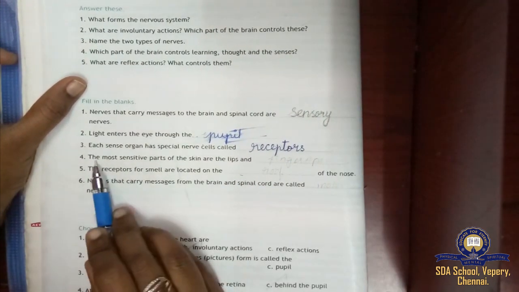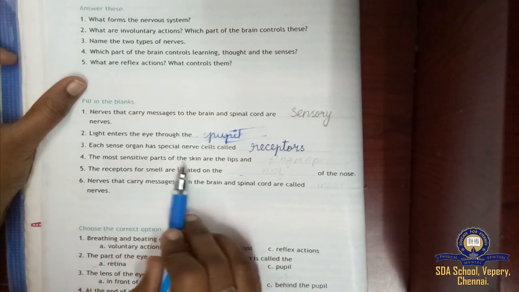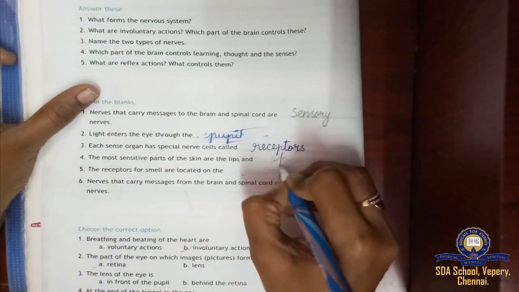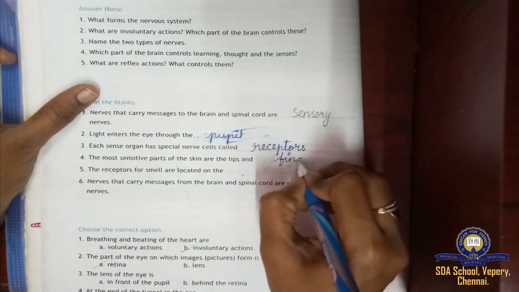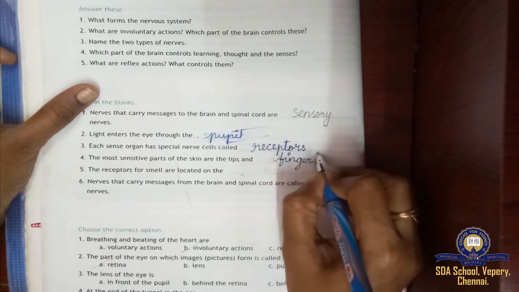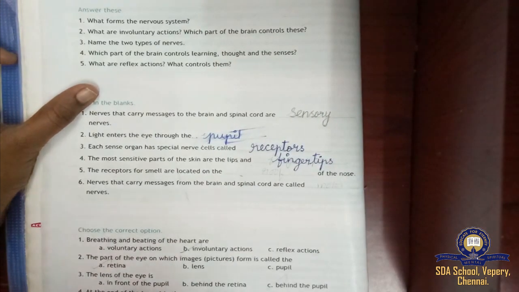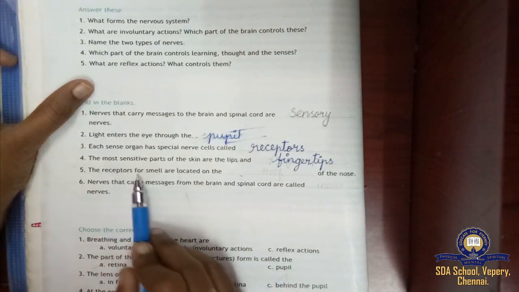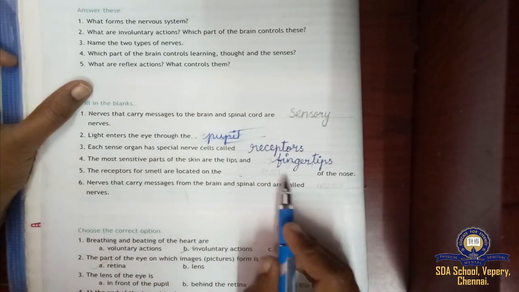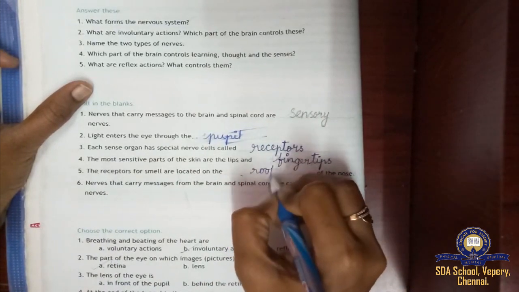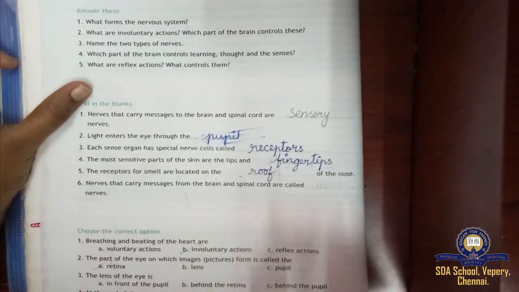Then the most sensitive parts of the skin are the lips and fingertips. F-I-N-G-E-R, T-I-P-S, fingertips. Next, the receptors for smell are located on the roof of the nose. Where is it located? Roof, R-O-O-F, roof.